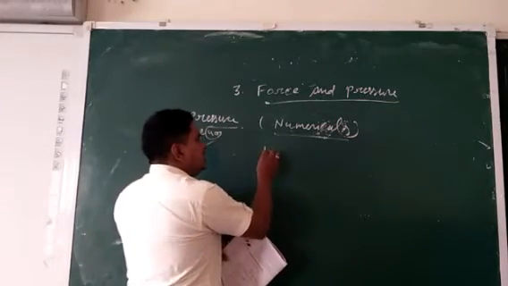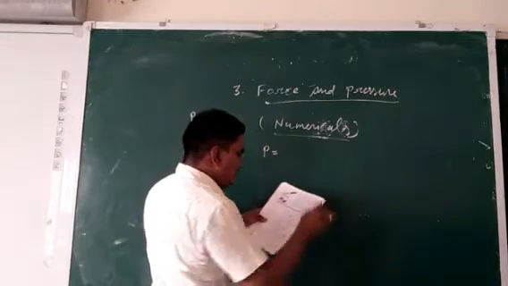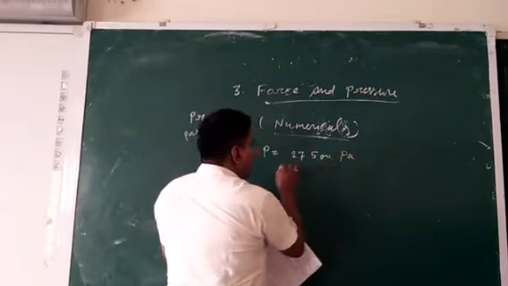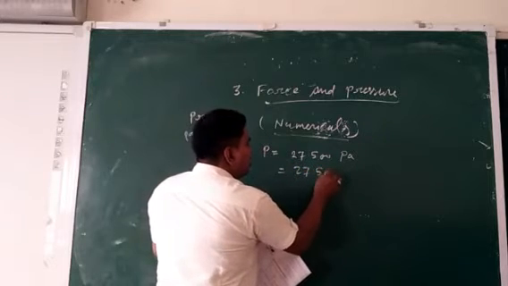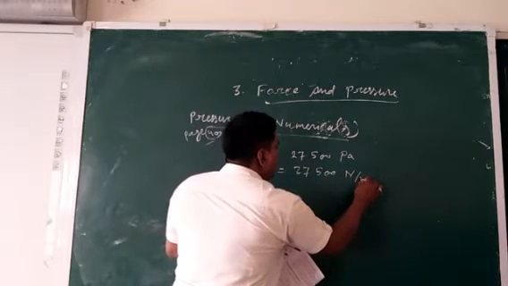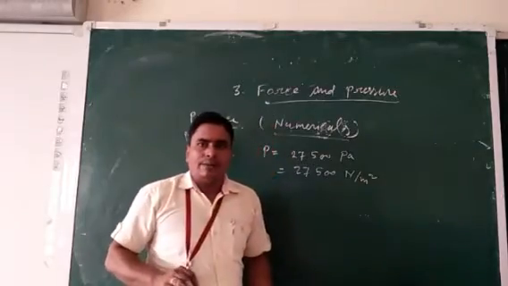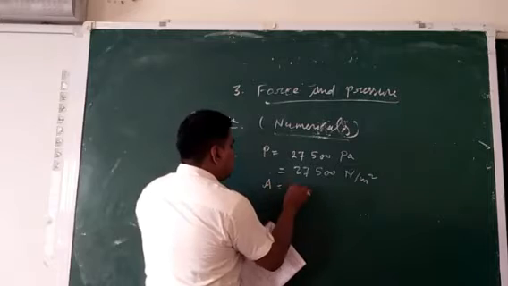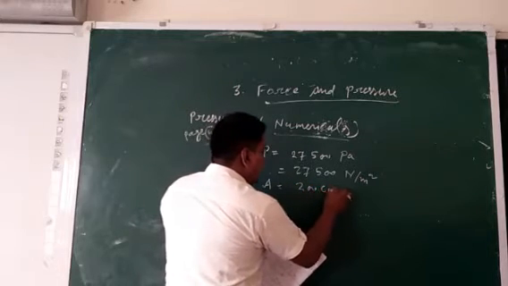Now here pressure is given, 27,500 Pascal, or you can say 27,500 Newton per meter square. And one more thing is given, area. Area is given as 200 centimeter square.